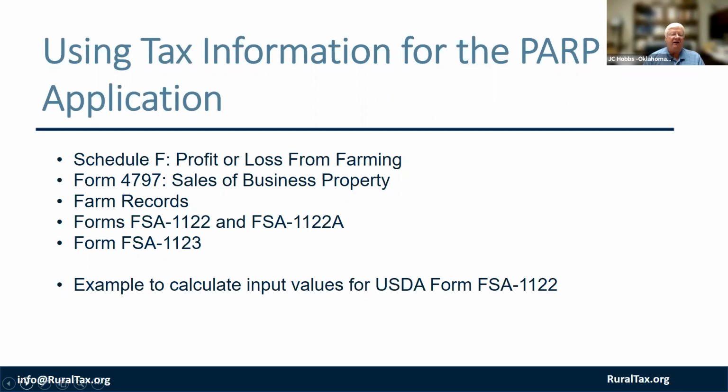So the question then becomes, do we adjust back to getting it from January 1 to December? I think that's a question we're going to need to bring back to the USDA FSA office, and make sure that we truly look at what PARP wants. Is it truly a calendar year, or are we looking at a 12-month tax year? I'm not sure exactly. They're going to need to visit with you for more detail.